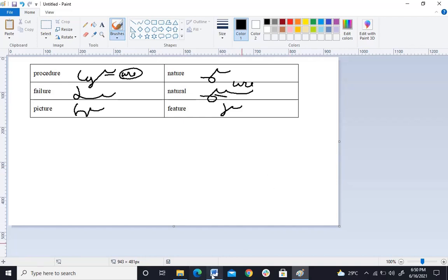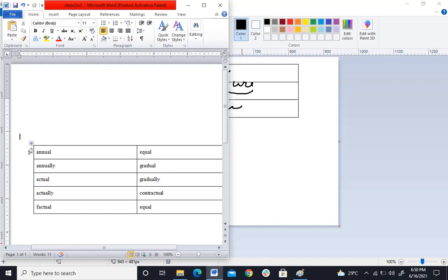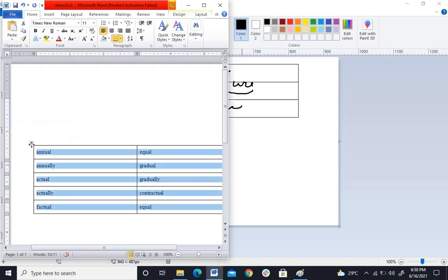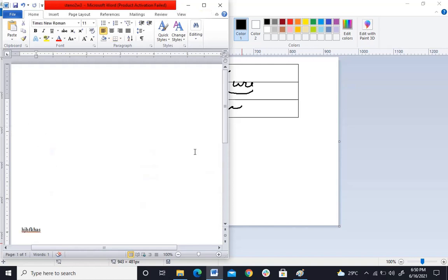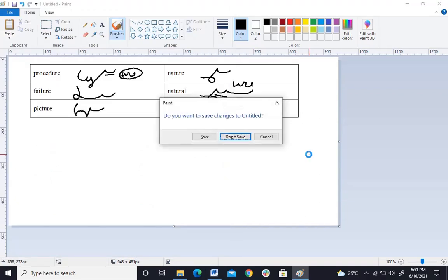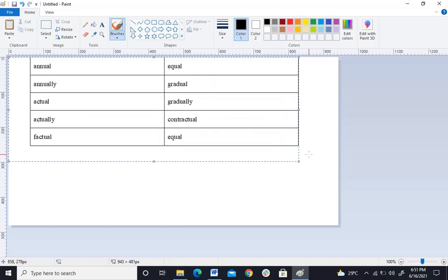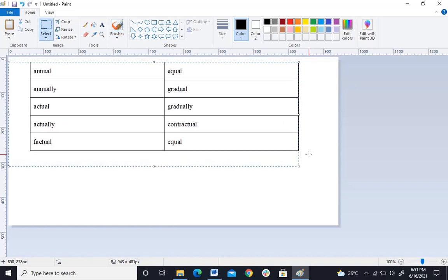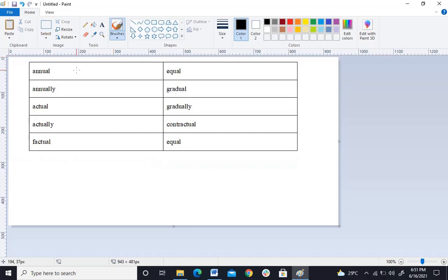Now, let's move on to our UWAL words naman, and UWAL is represented by the stroke of letter L. So, ayan. We have annual, annually. Okay, so let's just stroke it out.